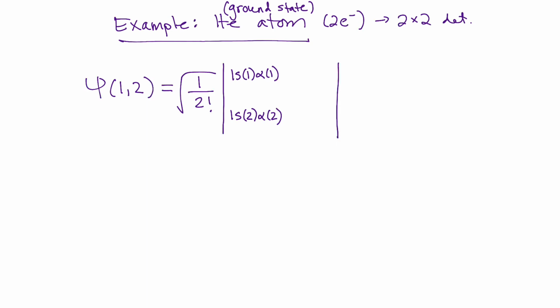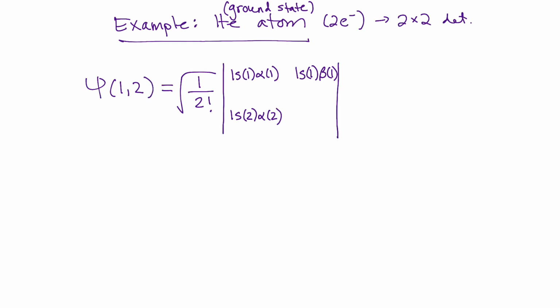We need to account for the beta spin or the spin down option. So we're still going to have a 1s spatial orbital, and we still have our first electron in that 1s orbital, but then it can also be spin down.